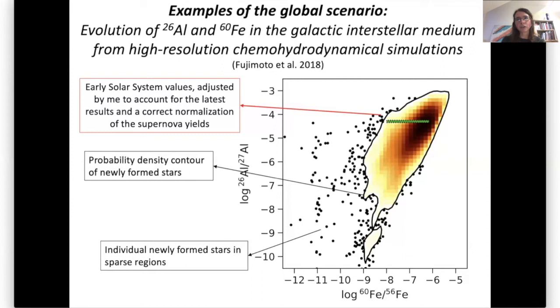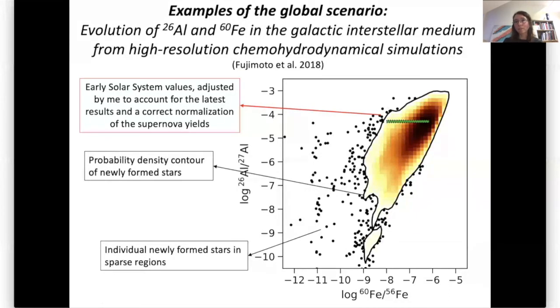These are chemohydrodynamical simulations, so very, very state-of-the-art. And here is the plot where on the y-axis is the aluminum-26, and on the x-axis is the iron-60. And it shows the probability contour of the composition of newly formed stars.